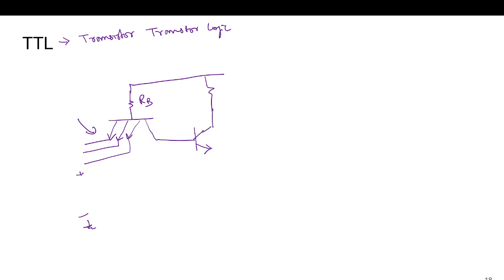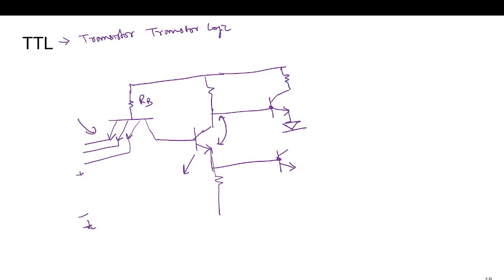So this will act as the input for this, and this will be providing a phase shift. Here you have one connection, here you have one connection to one of the transistors. So this will be like making one transistor on at a time. So this will act like a phase shifter.